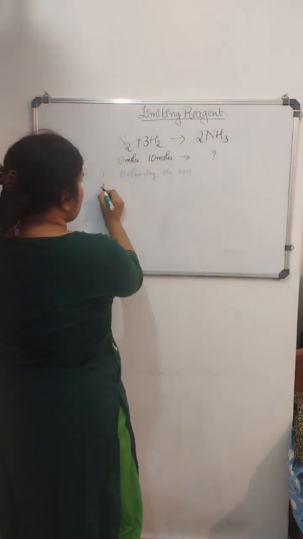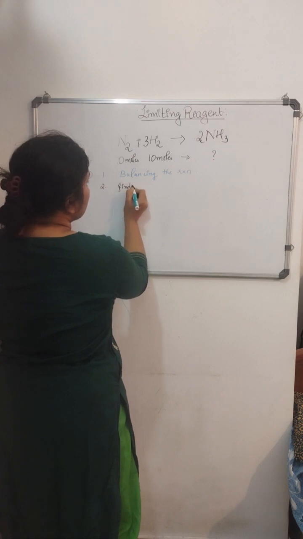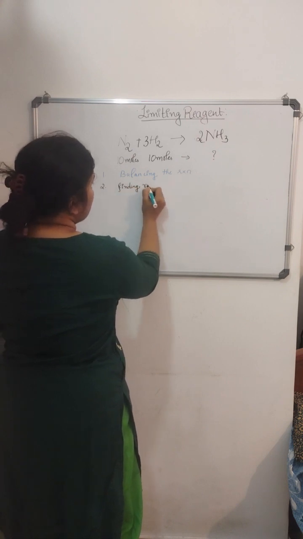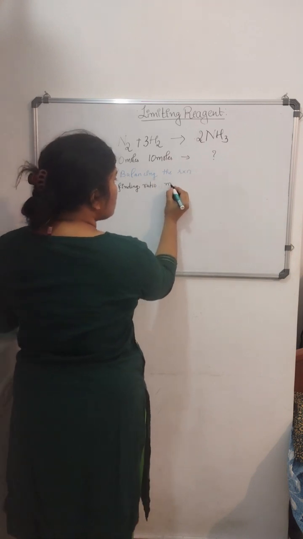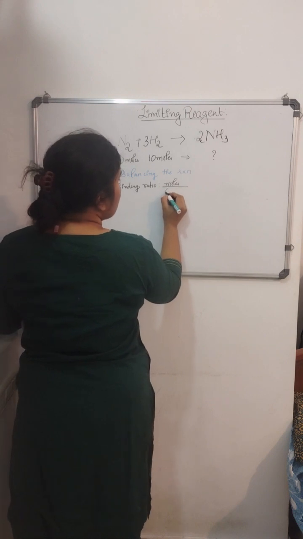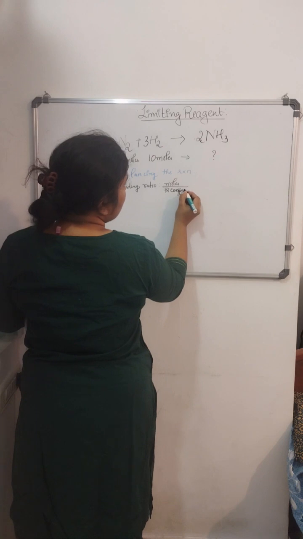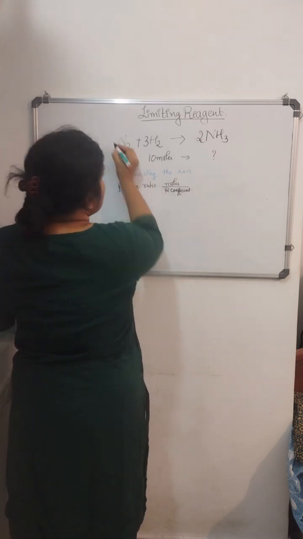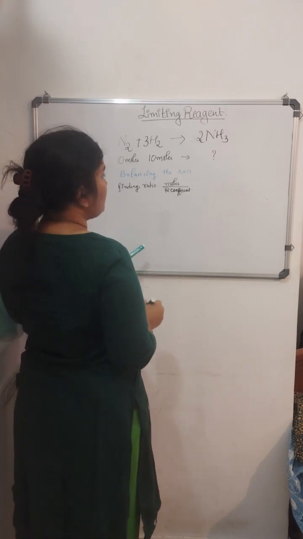The second step is finding ratios. We are doing moles of reactant divided by its reaction coefficient. The number which we use for balancing is the reaction coefficient here.